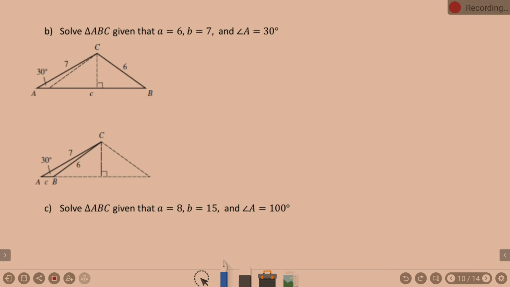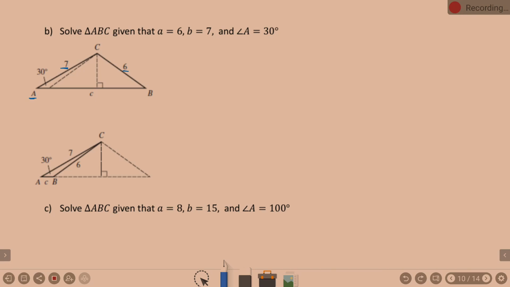Scenario this time, and there are already triangles set up here on purpose. They gave us angle A, they gave us side a, which is 6, and they gave us side b. Notice what happens this time.